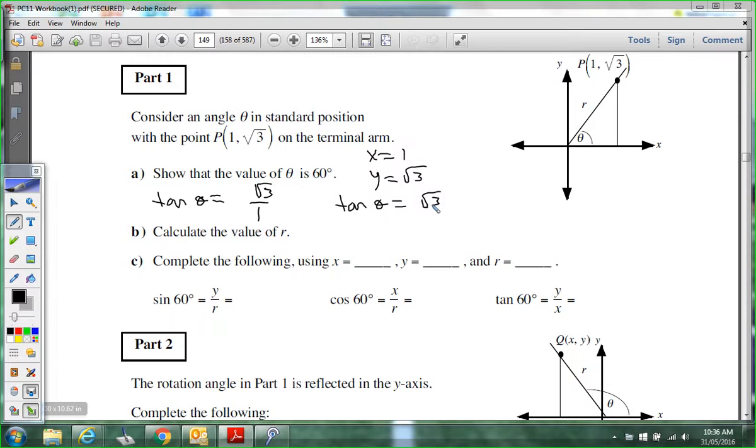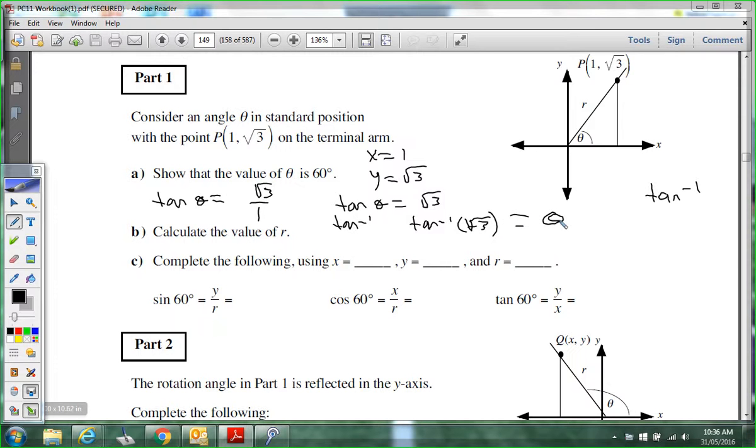What are we going to do now? How do you know how to solve for theta there? Yeah, tan inverse. It's in your calculator: if you look at your tangent button, the second function of it is the tan inverse. So we're going to do tan inverse to both sides of root 3, and that's going to kick out what your angle is.